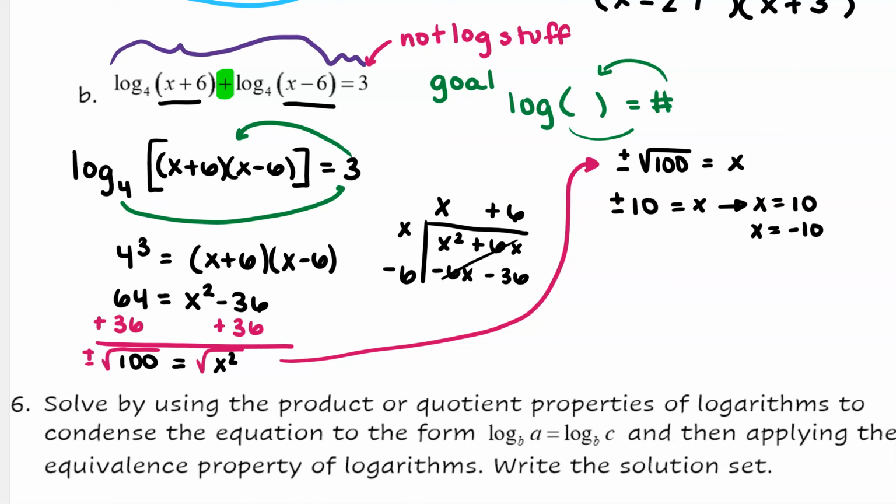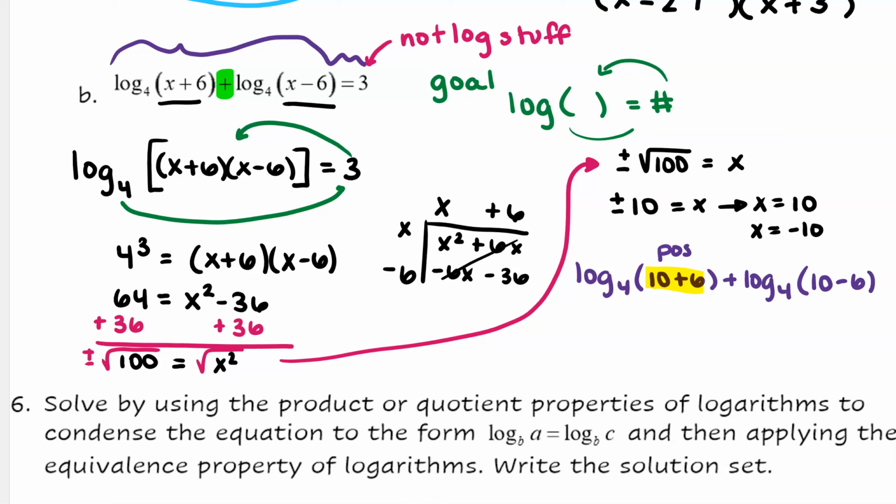And I'm really just going to check that when I plug in this x value, it makes the argument positive. So here I have log base 4 of 10 plus 6. And 10 plus 6 is positive. So that's cool. And then I have log base 4 of 10 minus 6.